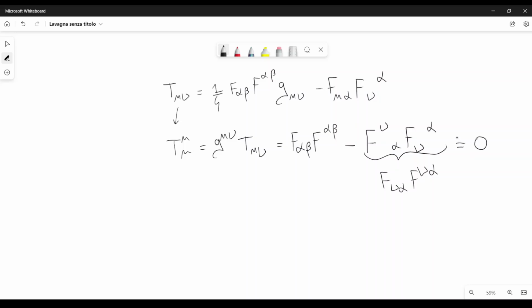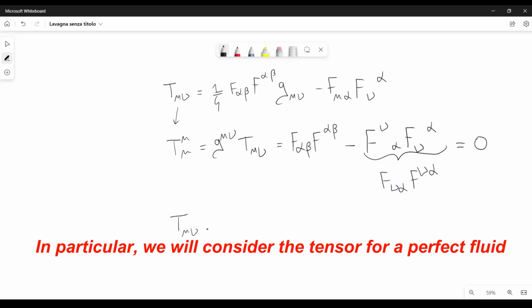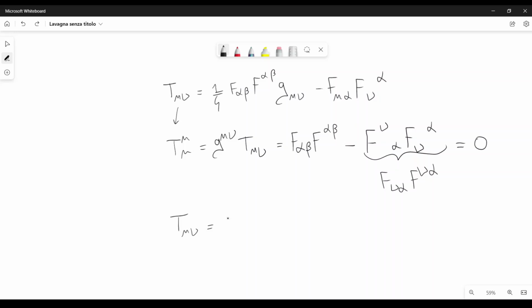That's simple. Now for matter, we can also write the energy momentum tensor T mu nu. For matter, this can be written as T alpha beta with upper indices times G alpha mu, G beta nu, like this.